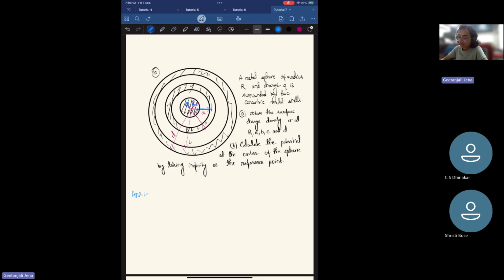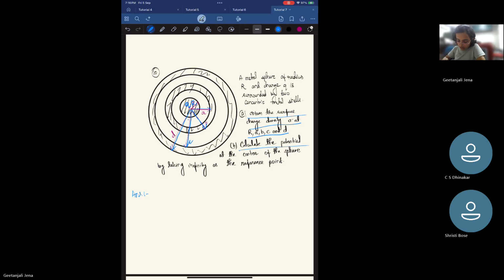This one is radius a, this is b, this is c, and this is d. So we need to calculate the surface charge density at the different surfaces, and you need to find out the potential at the center of the sphere by taking infinity as the reference point.